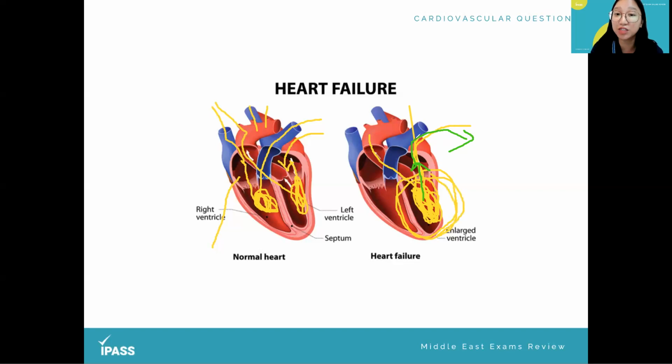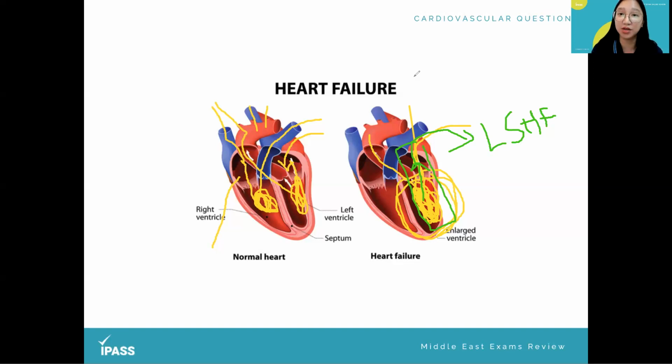Since the origin is from the left side of the heart, it is called left-sided heart failure, and the manifestations are lung manifestations such as shortness of breath, difficulty of breathing, crackles in the lungs, and coughing. Anything related to the lungs and to the left side is left-sided heart failure.